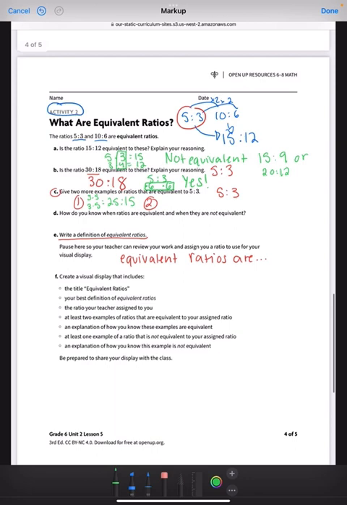I'm also going to do 6. We already did 6. I'll do 7. 5 times 7, 3 times 7, and I would get 35 to 21. You could have also used any of these two, 15 to 9 or 20 to 12, as equivalent ratios.